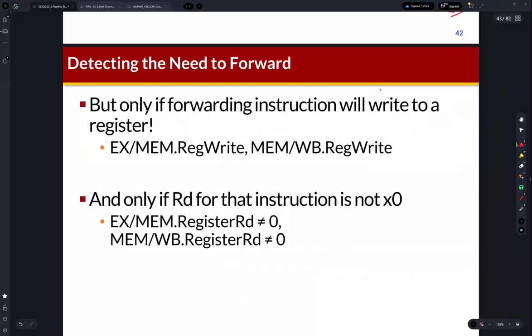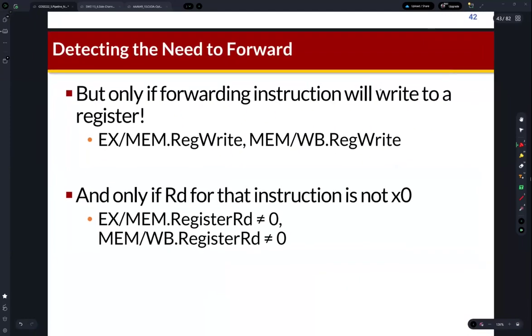But we also need to check some more conditions. Firstly, forwarding needs to be performed only if RegWrite is 1. What does that mean?